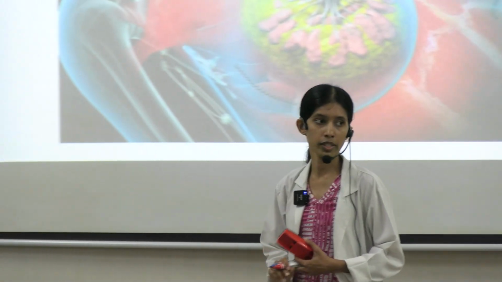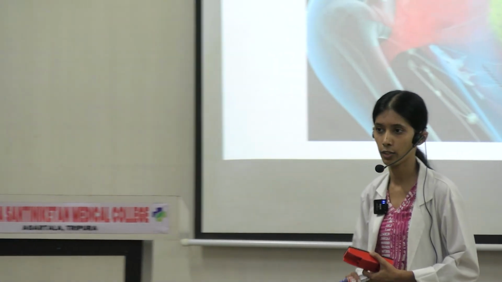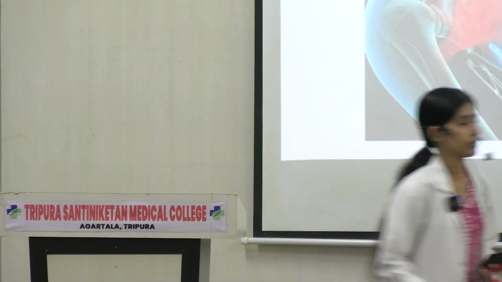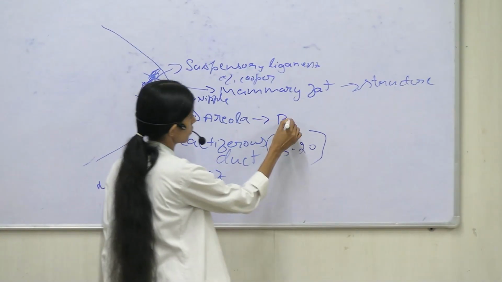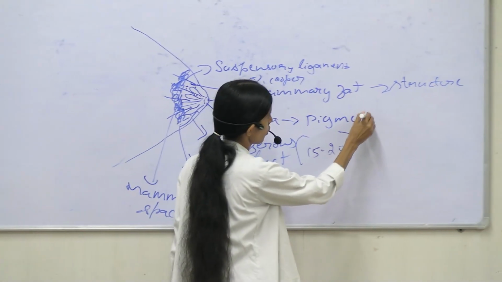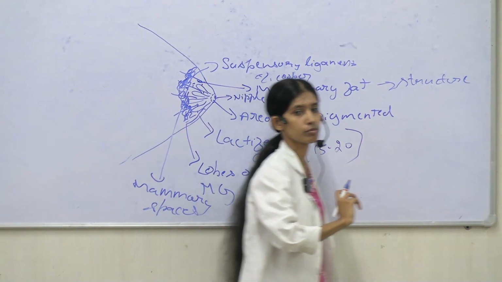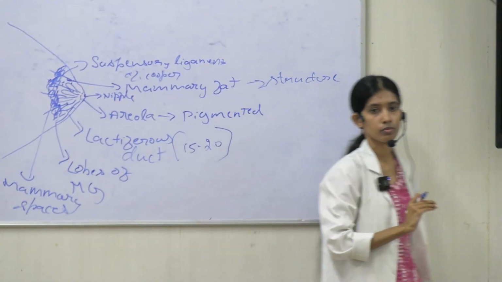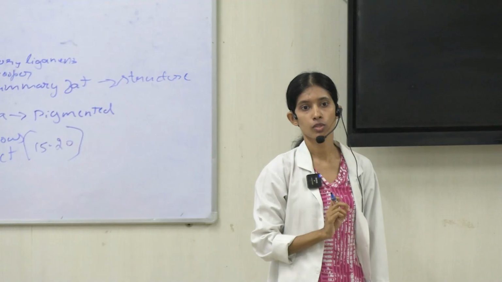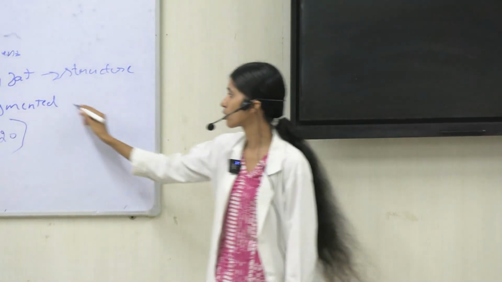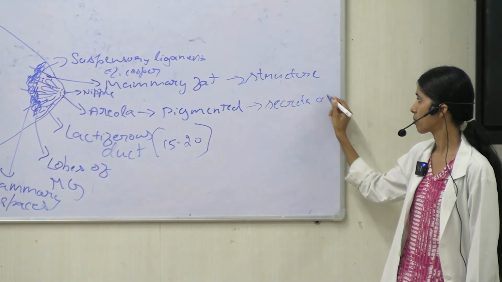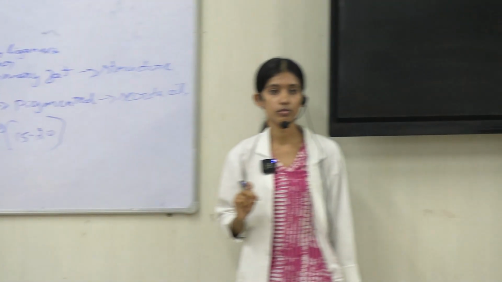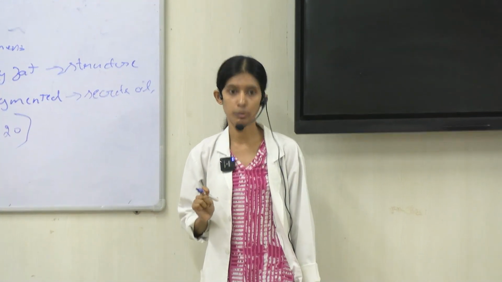What is the reason behind the pigmented area of the areola? Your areola region is pigmented, right? Yes or no? This region is pigmented. What is the reason behind it? Okay, because it secretes an oily substance, secretes oil, and protects the nipple area.